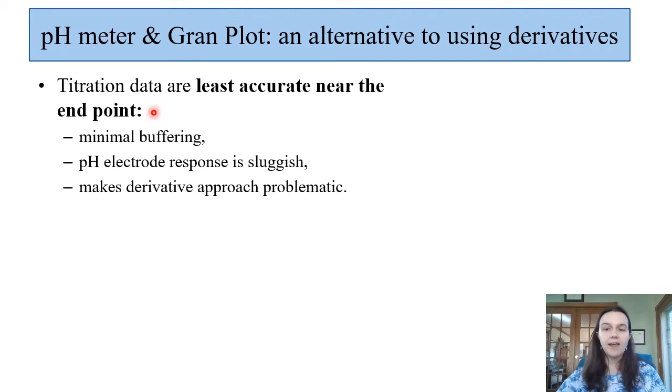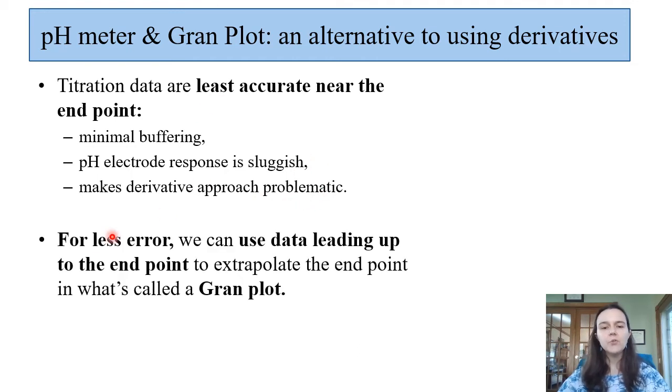And of course, that's sad because we care about the endpoint. Our derivative approach becomes problematic because we are taking derivatives near where our data is the worst. So for less error, we can use the data leading up to the endpoint, so before the endpoint, to extrapolate out what the equivalence volume would be.